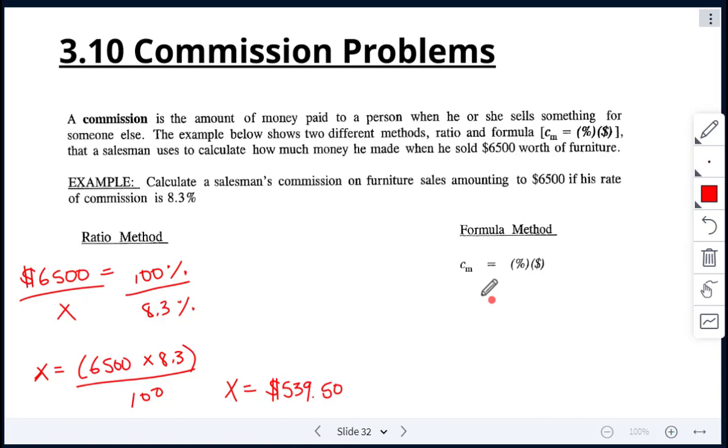Similarly, we could do it using the formula. C would be equal to, we're going to change the 8.3% into decimal form, so that becomes 0.083, and it's being multiplied by the dollar amount, which was $6,500. You put that in your calculator, and we get the same amount of $539.50.